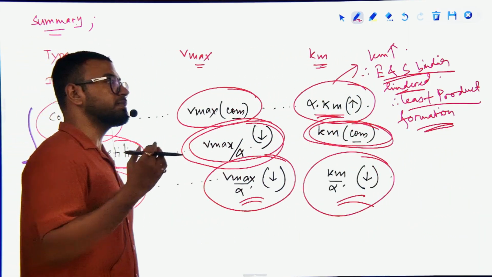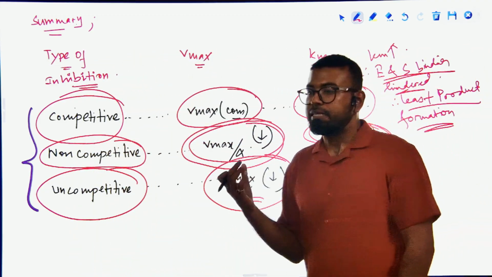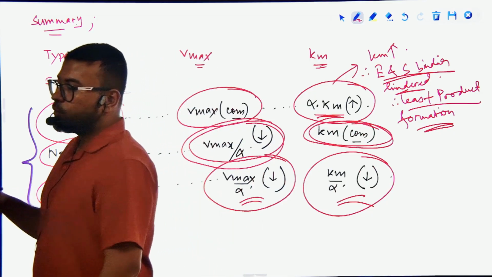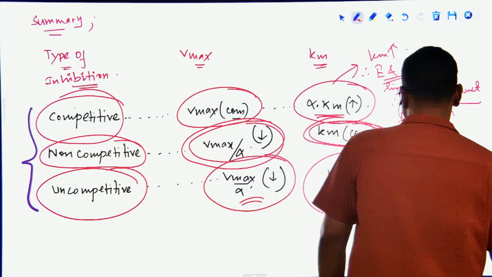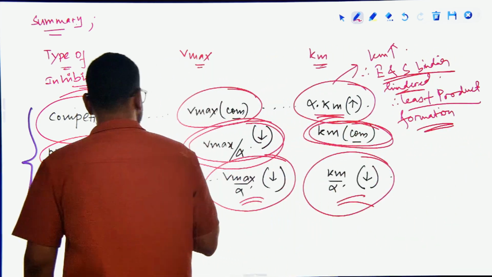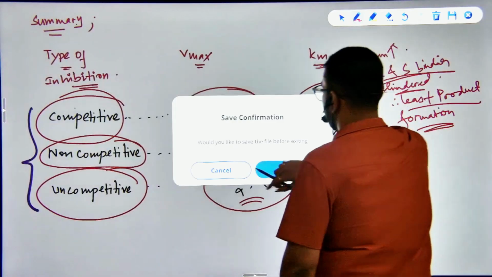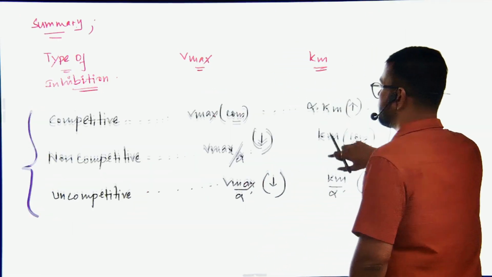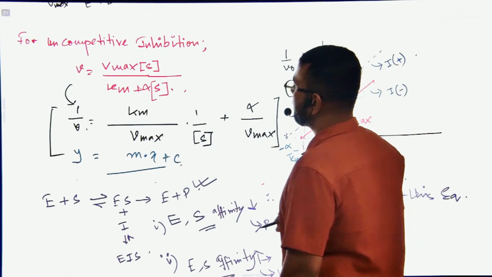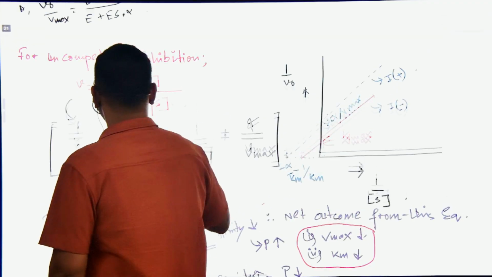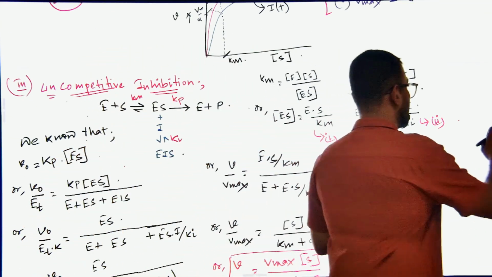Mixed is where both aspects, ES and EI, are taken into consideration, and over there Km is increasing whereas Vmax is decreasing. So this is the overall approach.